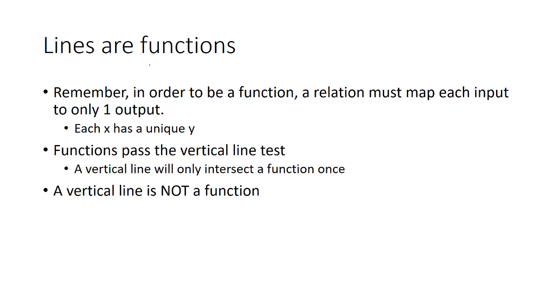Okay? So like I pointed out earlier, lines are functions. Remember, function means each input has only one output. That is, each x has a unique y. And if you think about that in terms of an ordered pair, x, y, remember, is a point.